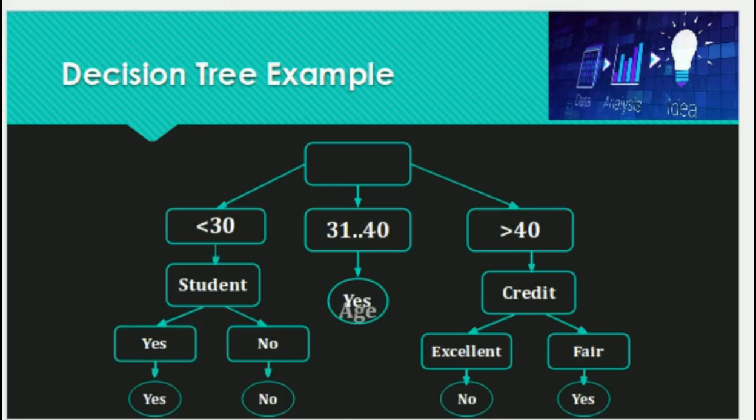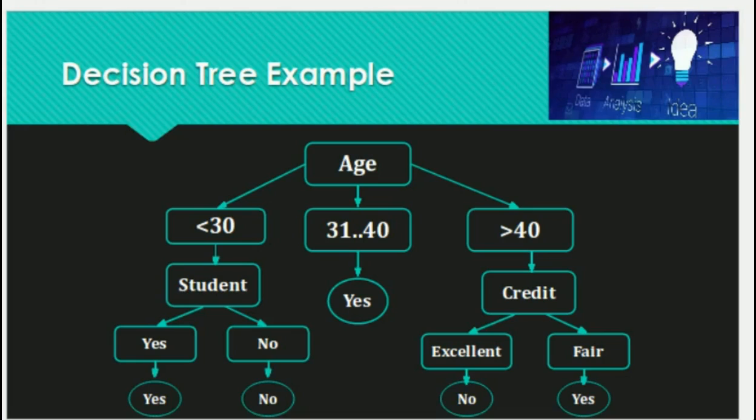This decision tree can be further used for two purposes. First, it can predict the label for further records inserted into the data set correctly. Another use is for making decision rules, such as if age is less than 40 and credit is fair, then buy computer is yes.